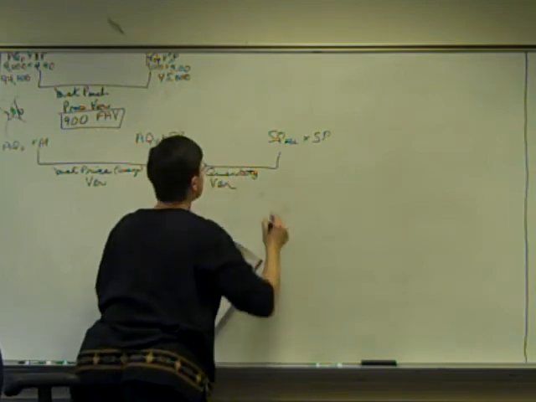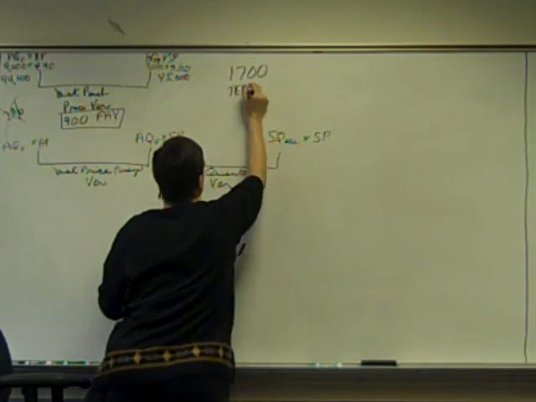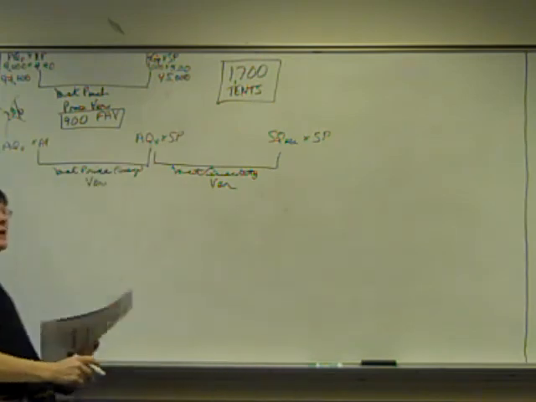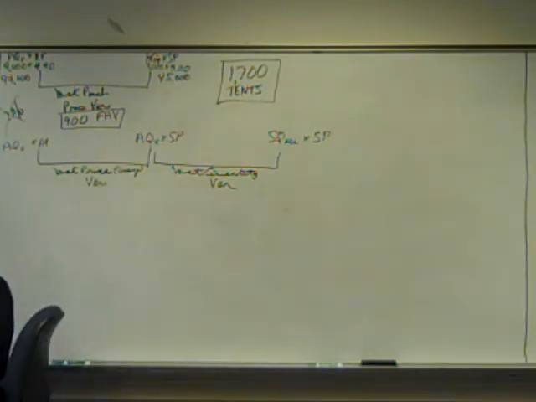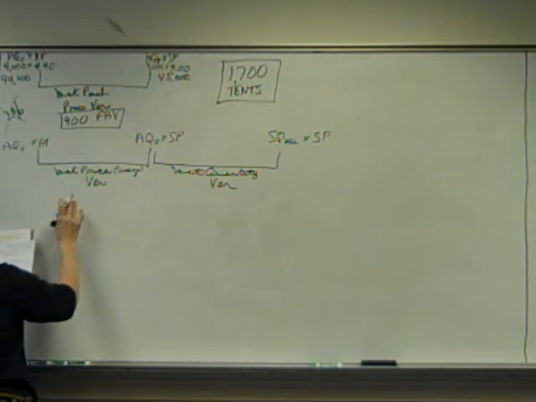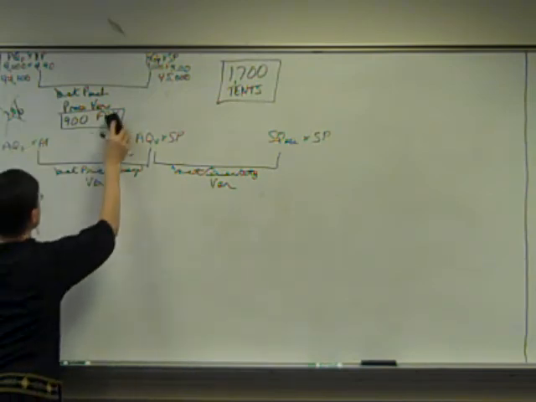And what we're looking at here, for all of our variances, is the flex budget. We made 1,700 tents. Doesn't matter what we plan to make for October. We actually made 1,700, so we need to see what we should have spent for the 1,700.